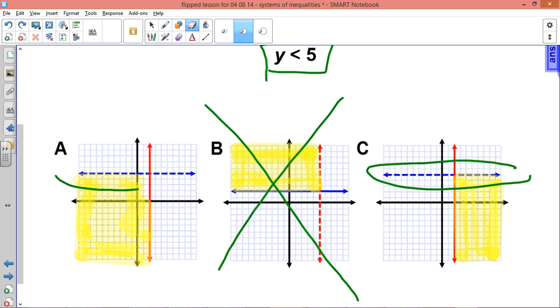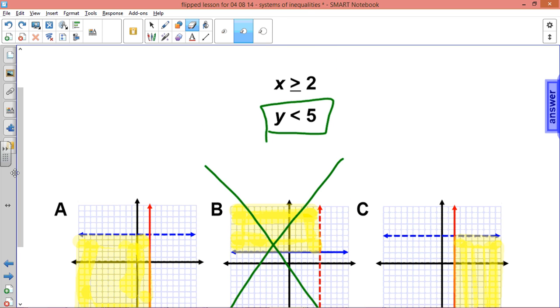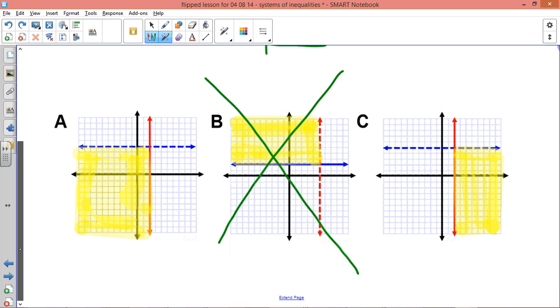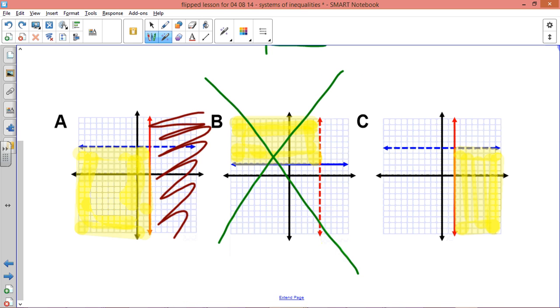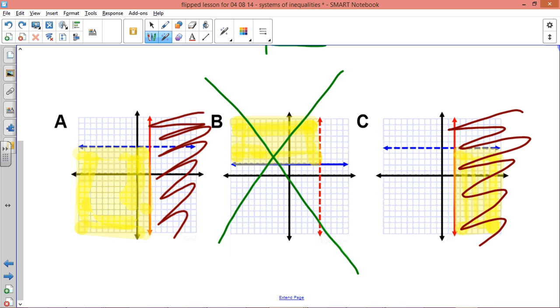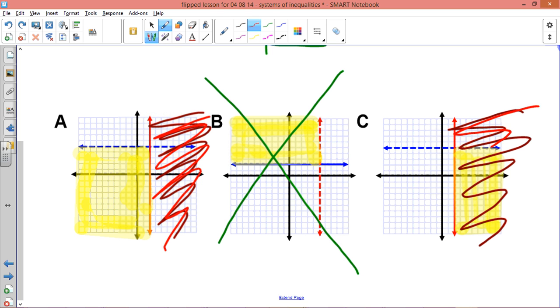So let's just figure out this next part. Where should they be shaded? For this one here, x is greater than. It needs to be to the right of the red line. So to the right of my red line, to the right of my red line, everything there.